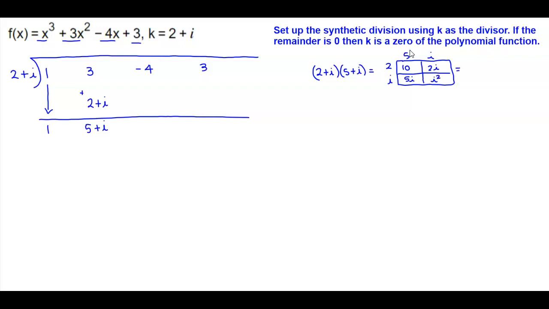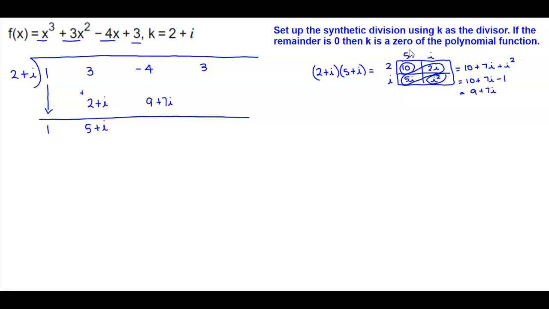So when we combine this, we have 10 plus 5 plus 2i is 7i, and then plus i squared. Now remember that i squared is equal to -1, so this is plus -1, which becomes -1. So 10 minus 1 is 9, and that's 9 plus 7i. So we get here 9 plus 7i.